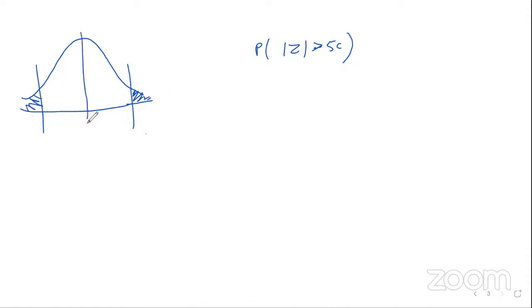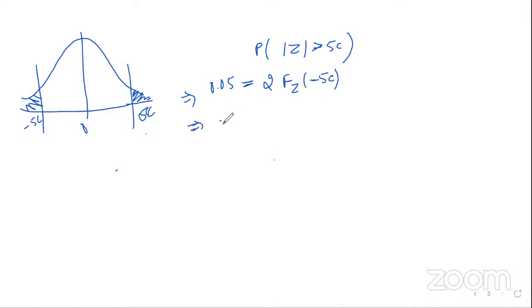So this was f0, this was 5c, and this was minus 5c. So we can write this as 2 times Fc of minus 5c, correct? And this was given to be 0.05. This was our significance level. And now we have to solve it for the critical value, right?